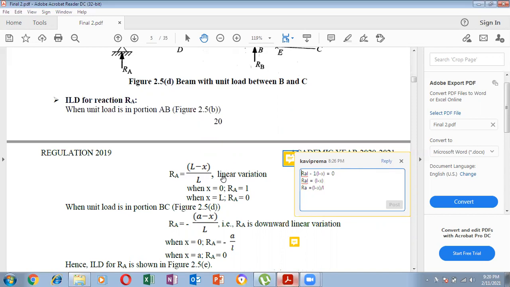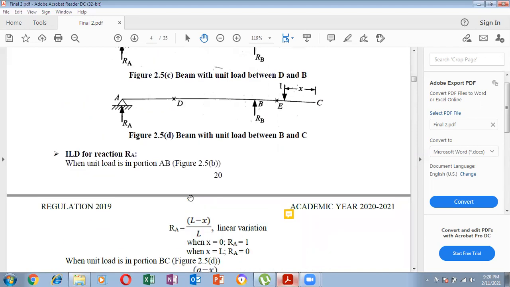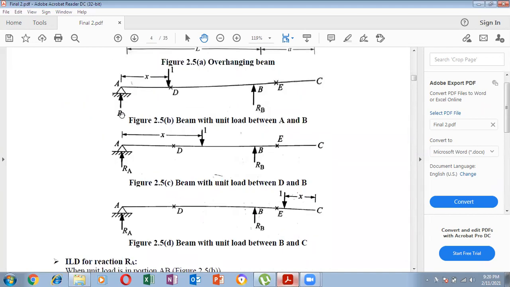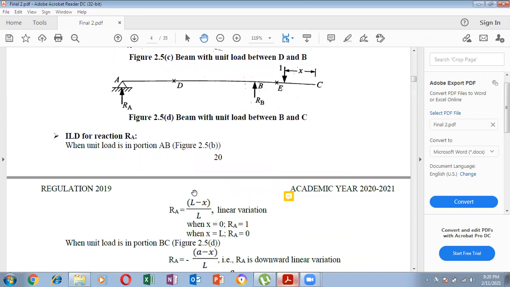Now we can substitute the boundary conditions. What are the boundary conditions? When X is equal to 0, we can obtain the ordinate at point A. Substituting X equal to 0, it becomes L by L, which is equal to 1.